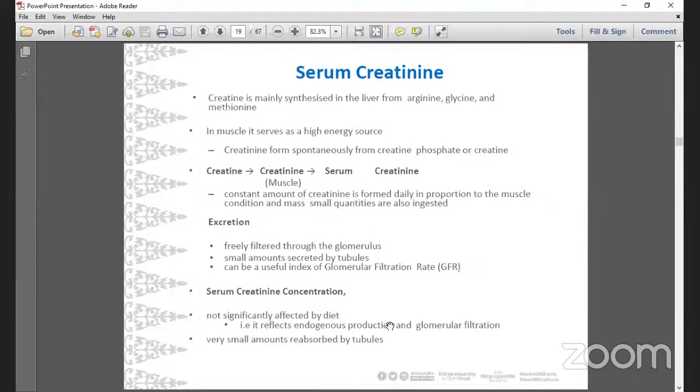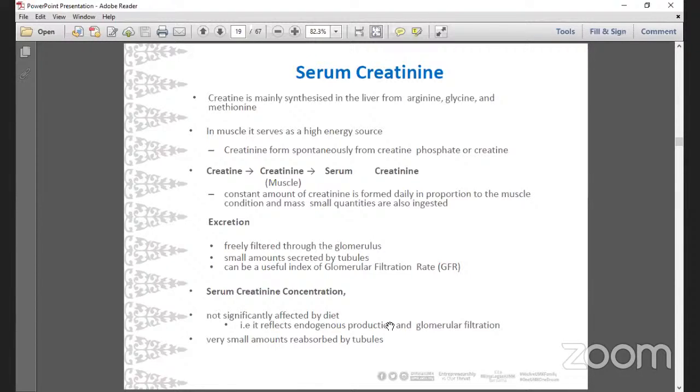In terms of excretion, creatinine is freely filtered through the glomerulus, and some amount is secreted by the tubule, and creatinine can be a useful index for the glomerular filtration rate.